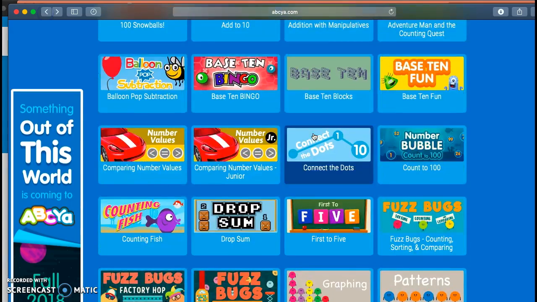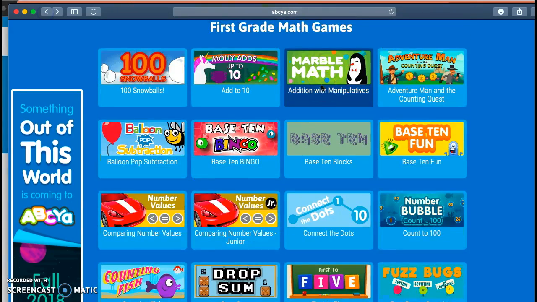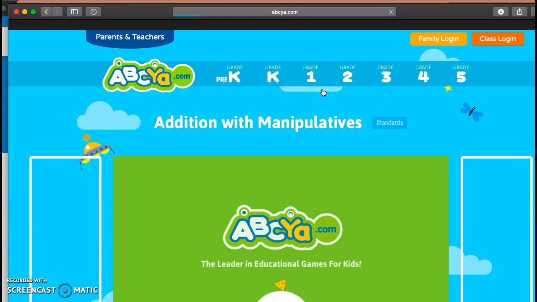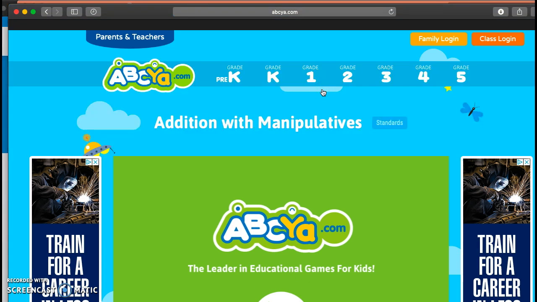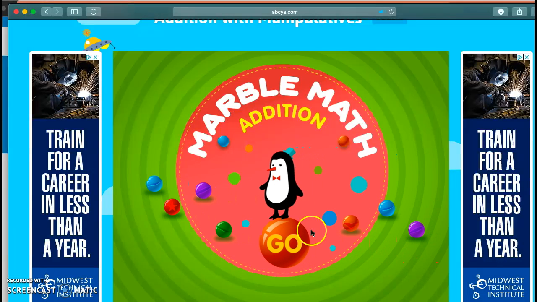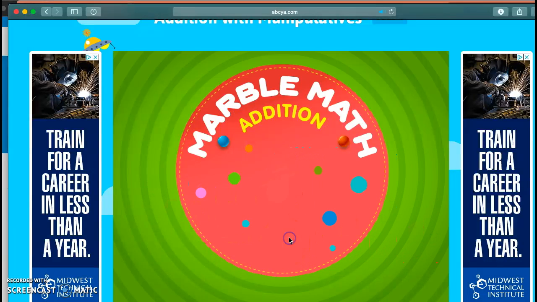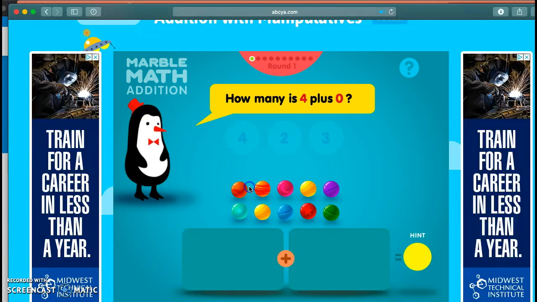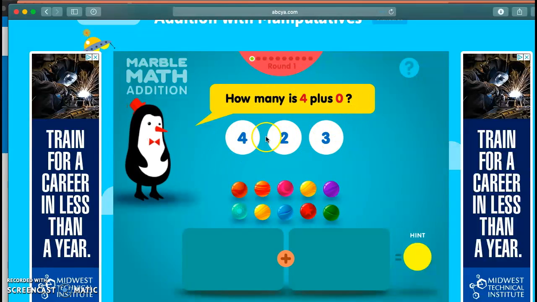Another one that I saw that was very helpful was the addition with manipulatives. A lot of students learn best when they have manipulatives to use when doing math. So having this marble math addition, they give the problem here. They have the different options.